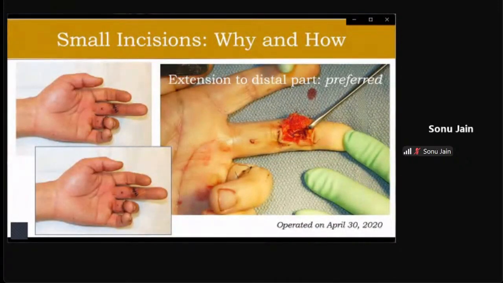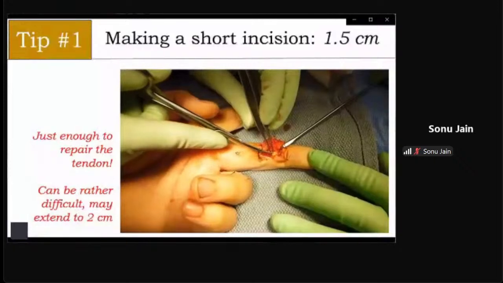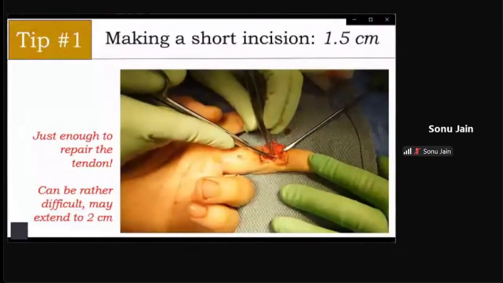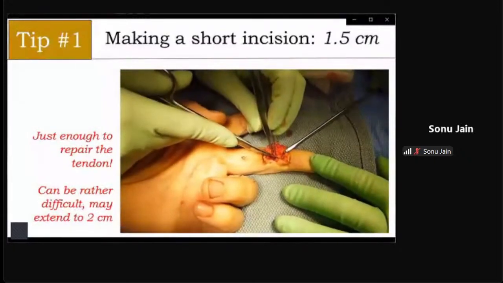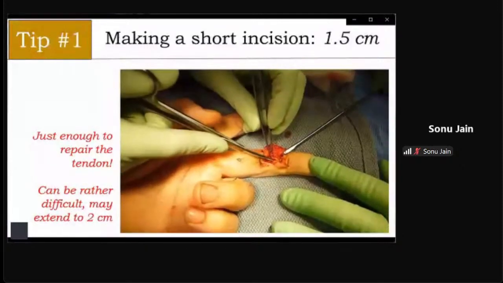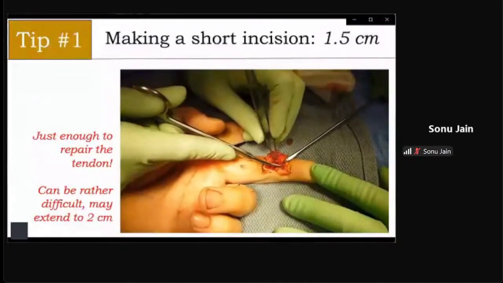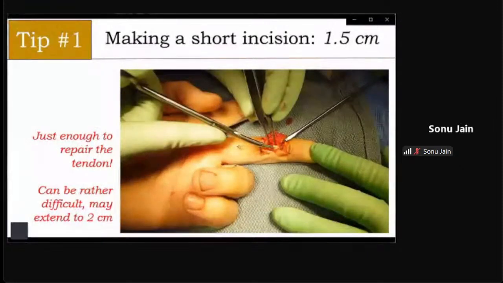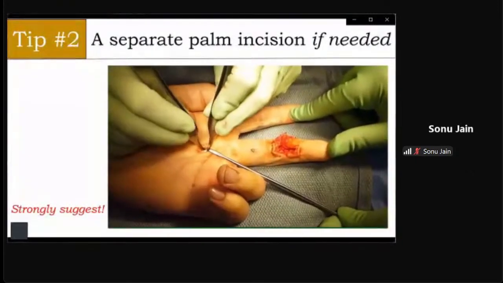Here I provide some examples of the tips I use in flexor tendon repair. You see here, I use a very small incision. And also you see here, I vent the A4 pulley entirely to expose the FDP tendon distal stump. The proximal stump is retracted.